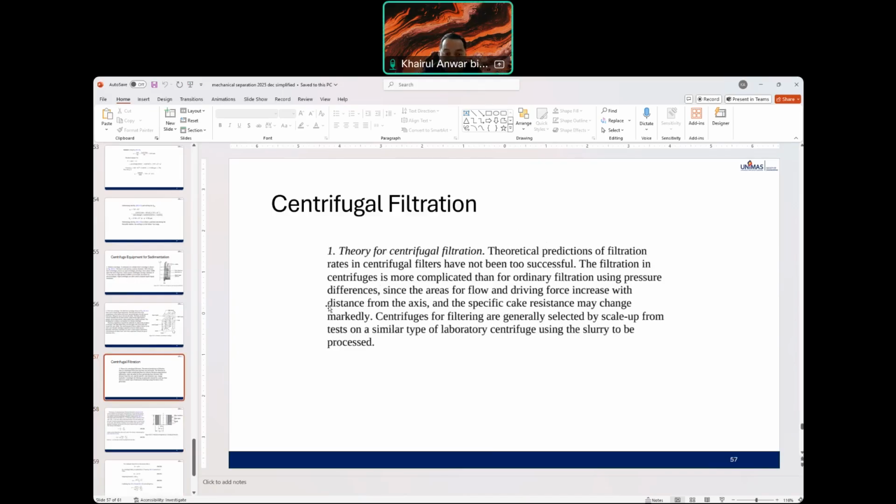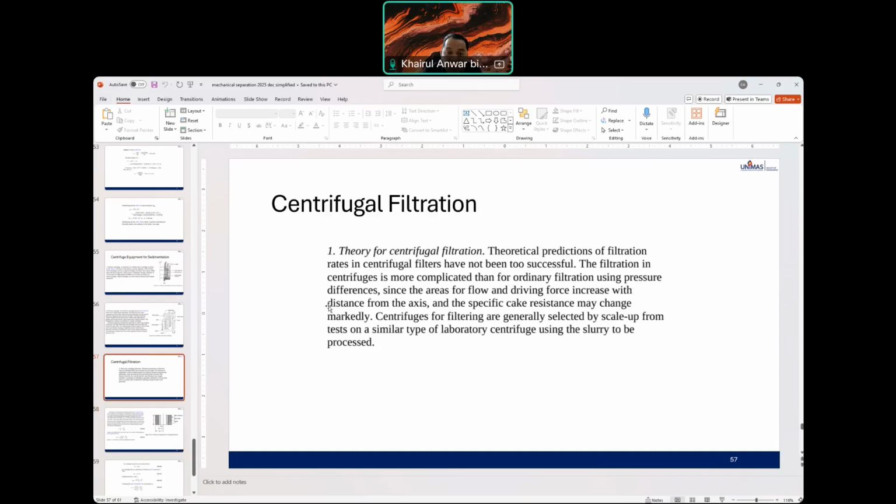Centrifugal filtration. This was for equipment using centrifuges for sedimentation; the third one is centrifugal filtration. So, the theory for centrifugal filtration. The theoretical prediction of filtration rate in centrifugal filters has not been too successful.